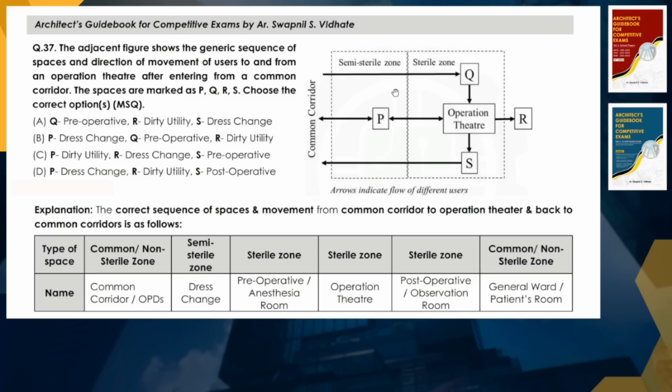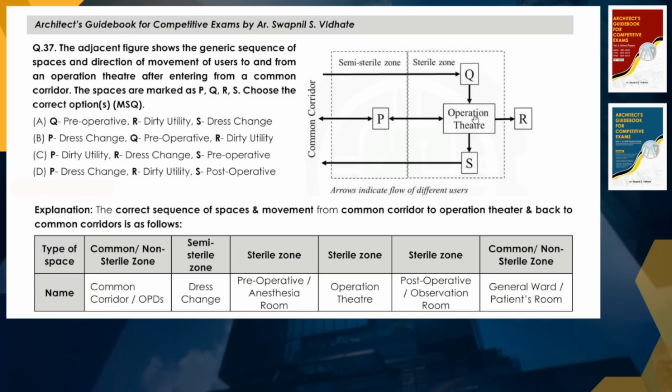From here, the patient will be taken to a dress changing room, right? Which is a semi-sterile zone. From here, the patient will be taken to the pre-operative or anesthesia room, which is a completely sterile zone. So from P, the patient will move to Q, which is a sterile zone, also called a pre-operative area or anesthesia room.